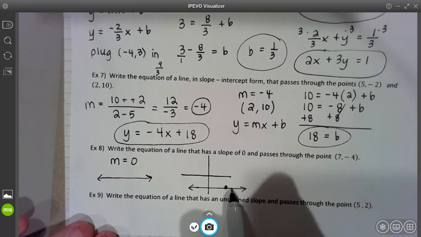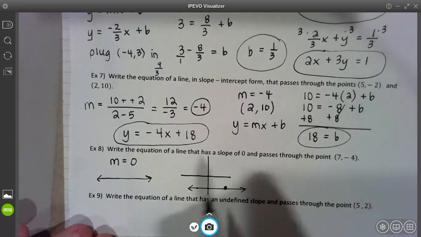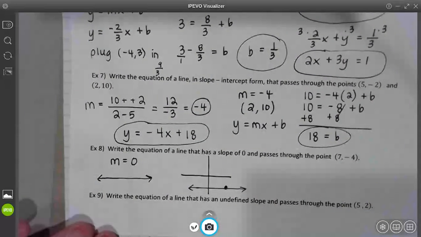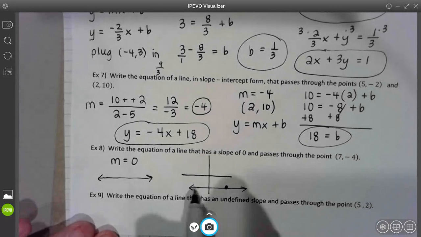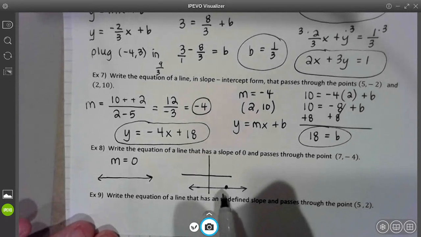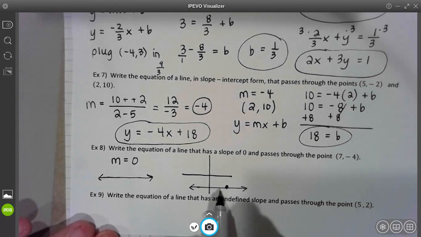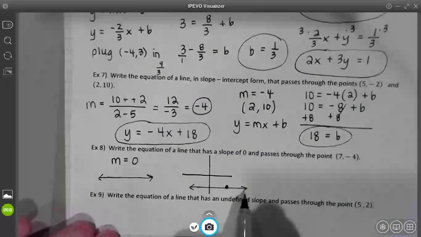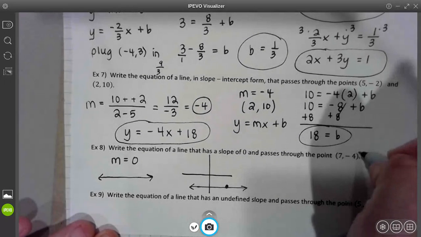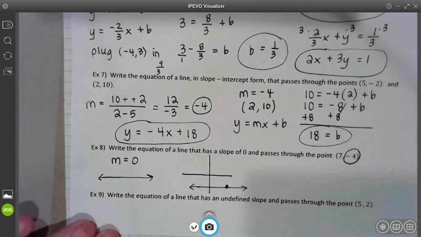Now there's (8, -4), and (9, -4), and (10, -4), or (6, -4), and (5, -4). A horizontal line moves right and left. That means the x is always changing. But the y coordinate, because we don't go up or down, it never changes. So the y coordinate on this line is the same in every single ordered pair. And what is the y coordinate of the point that our line had to pass through?